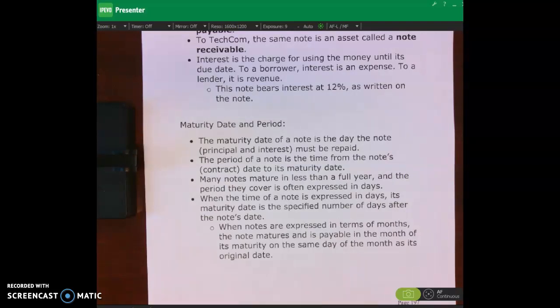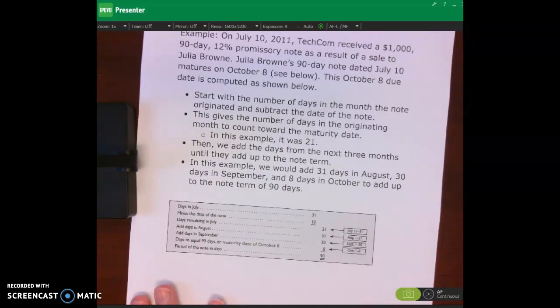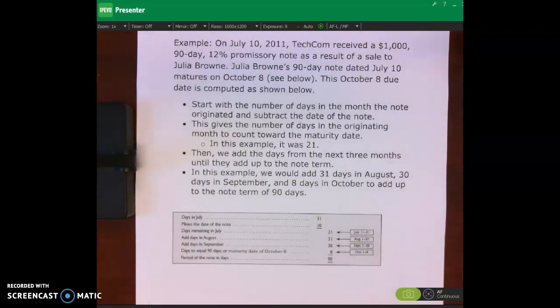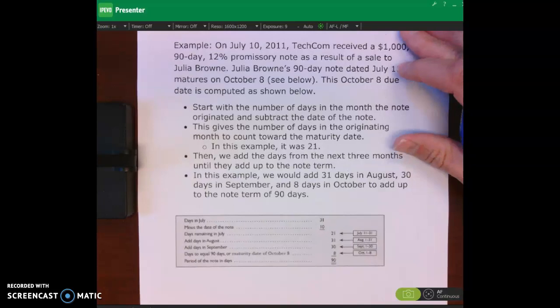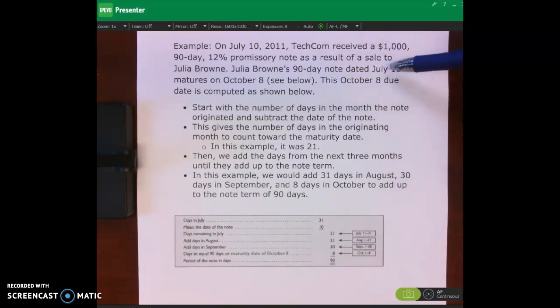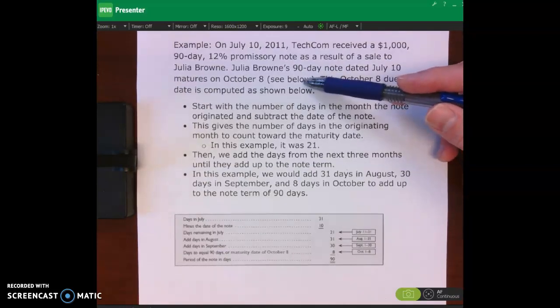Let's look at that on the next page, 198, calculating the maturity date. Let's say on July 10th, 2011, TechCom received a $1,000 90-day 12% promissory note as a result of a sale to Julia Brown. This is a 90-day note dated July 10th. It matures October 8th. How did we get to that?